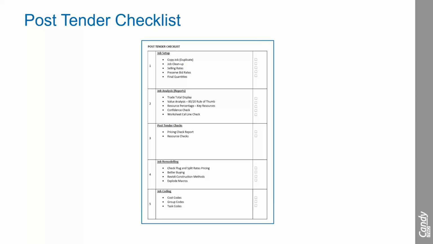Stage 4, it's job modeling, where we go now live into the job, better buying by decreasing our resource, revisit worksheets, and see how we can better our job or our calculated markup. And lastly, we're looking at the job codes, which we're not going to touch in too much detail, but also to highlight the importance of having these codes in place as one of our post-tender checklist.